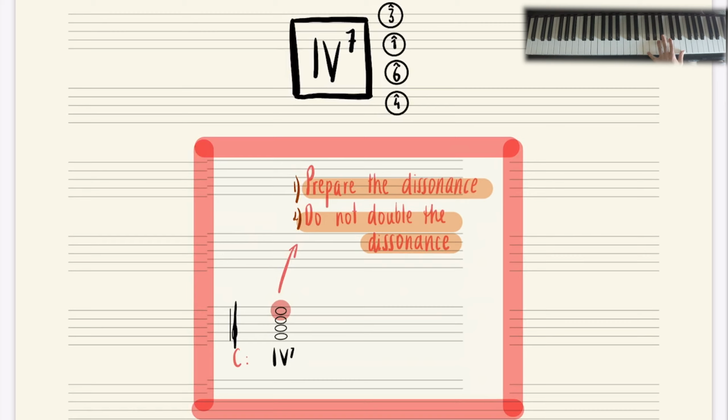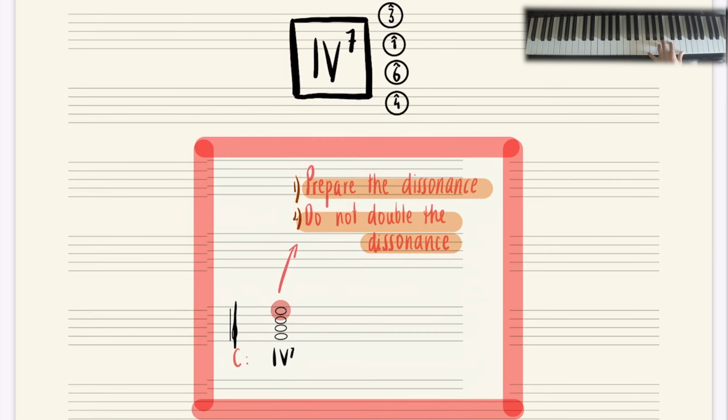Chord 4-7, just like chord 4, functions as a predominant. It is built on the 4th, 6th, 1st, and 3rd degrees of the scale. As with any seventh chord, remember to always prepare it in the previous harmony.